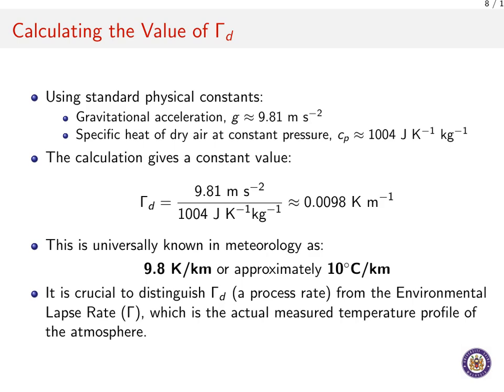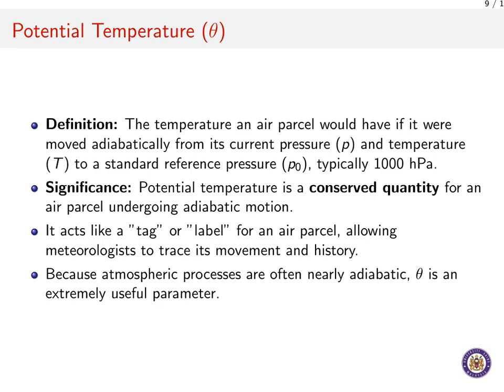It is absolutely crucial to remember this is a theoretical process rate for a rising or sinking dry air parcel. It is not the same as the environmental lapse rate, which is the actual measured temperature profile of the surrounding atmosphere.